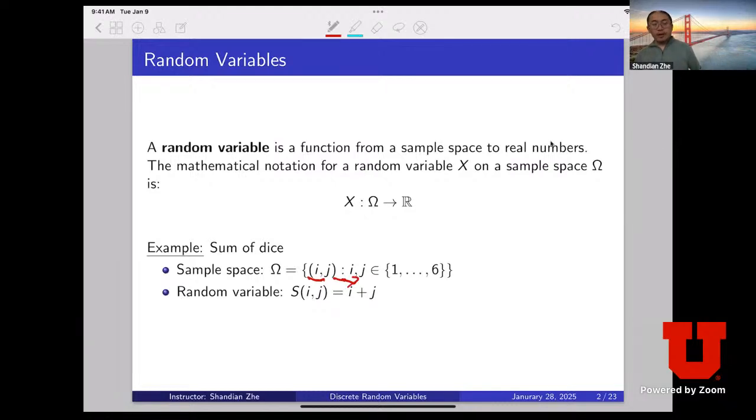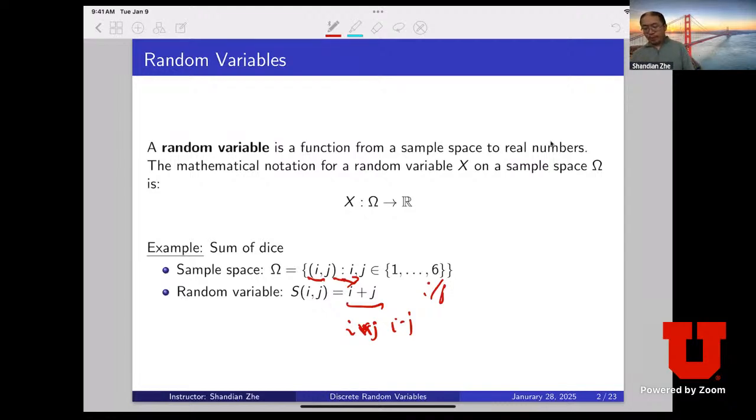This number is the summation of the 2 points in this pair. There could be numerous ways to define random variables. Here's just one example. You can also define the random variable to be i times j, or i minus j, or even i divided by j. So there's a variety of ways of doing that.